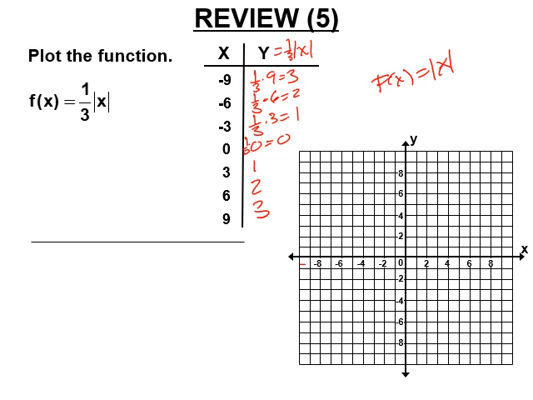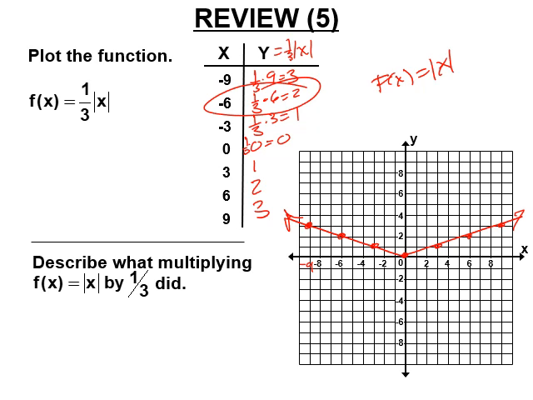Okay, so we're at -9, 3, -6, 2, -3, 1, 0, 0, and then symmetrical points, 3, 1, 6, 2, and 9, 3. And so this is wider than the original function because it's been shrunk. On one side the slope is 1/3, and the other side the slope is -1/3. But that is this absolute value function.